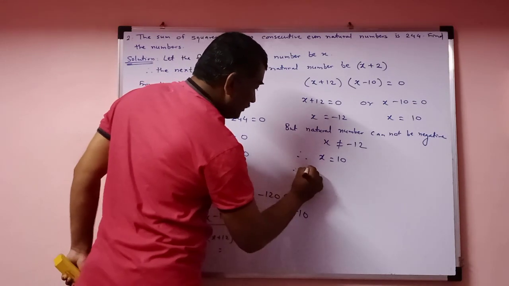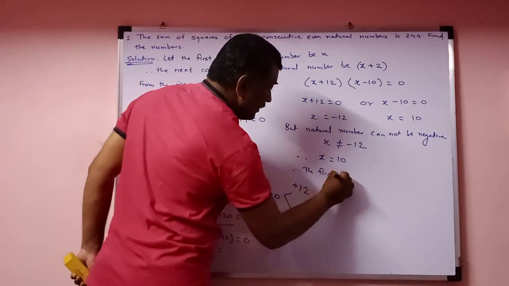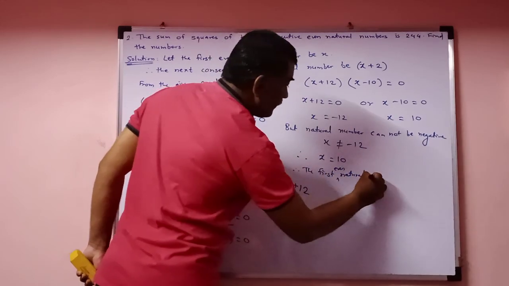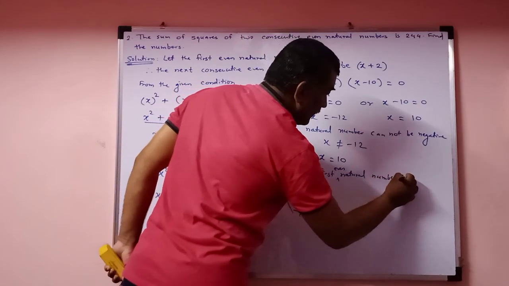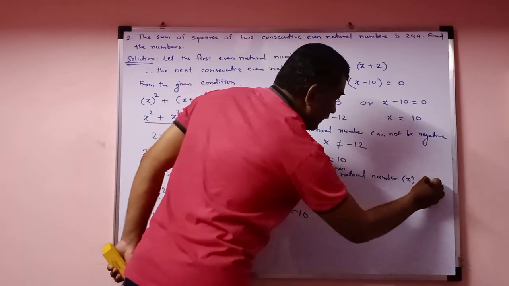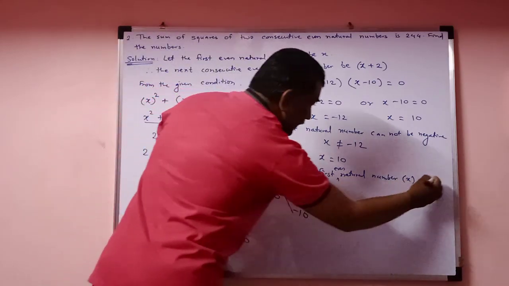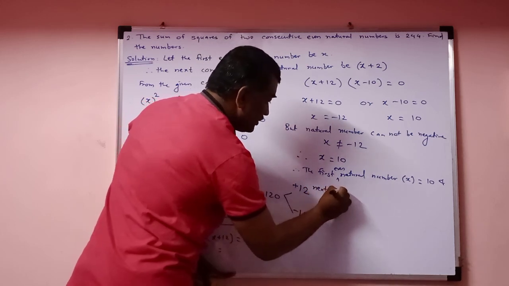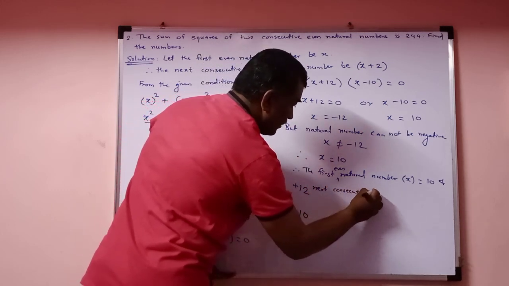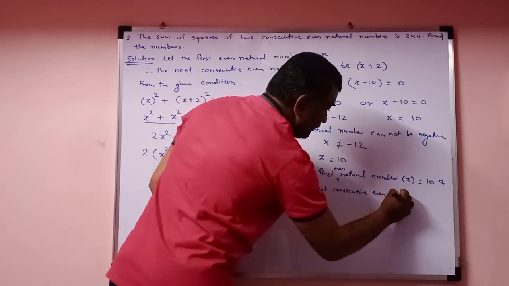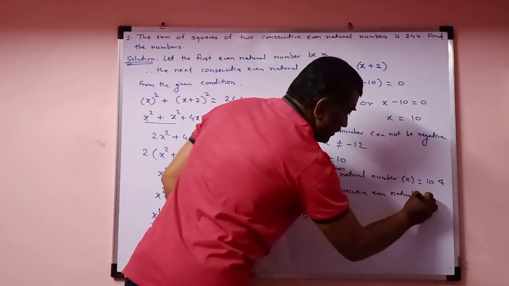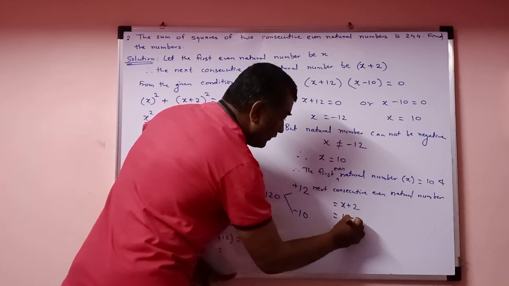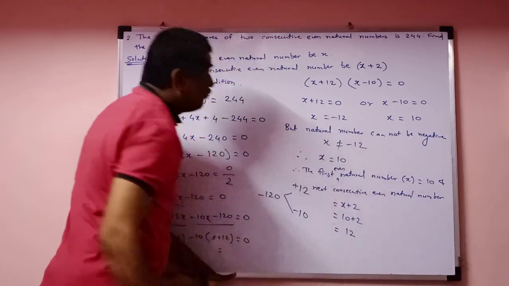Therefore the first even natural number, x, is equal to 10, and the next consecutive even natural number is equal to x plus 2 is equal to 10 plus 2, 10 plus 2 is equal to 12.